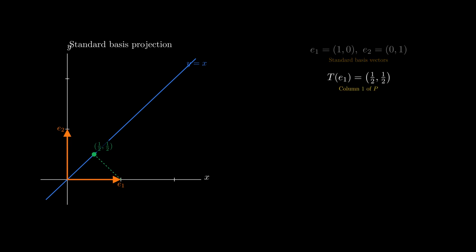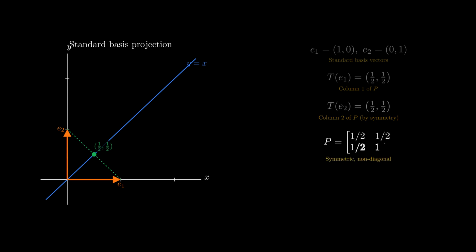The projection lands at 1/2, 1/2. That becomes column 1 of the matrix. Now project E2. By symmetry, it also lands at 1/2, 1/2. That becomes column 2. So the matrix is 1/2, 1/2, 1/2, 1/2. Every entry is 1/2. Same projection, same geometric action.